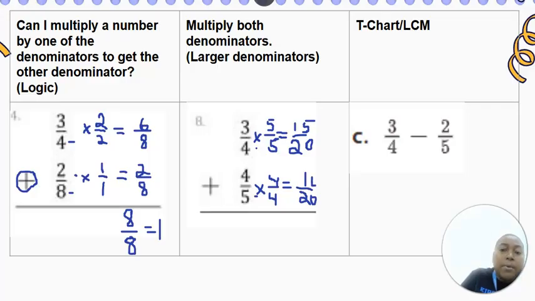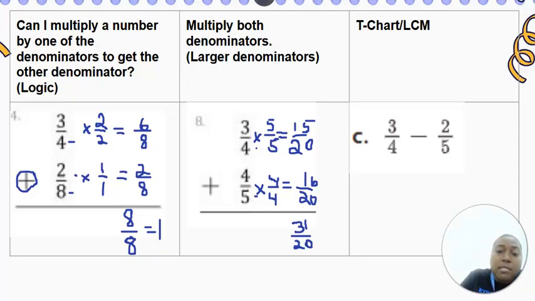Now here we go with what I was speaking of before, where we will have greater values. So we have 15 plus 16, that is 31 over 20. Now, you'll see this in different ways, especially when you're looking at your answer choices.